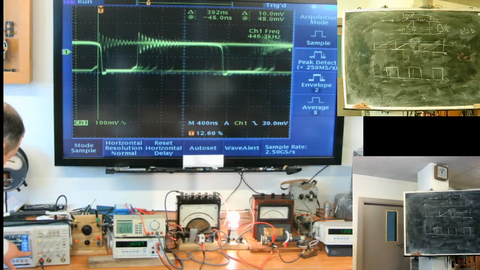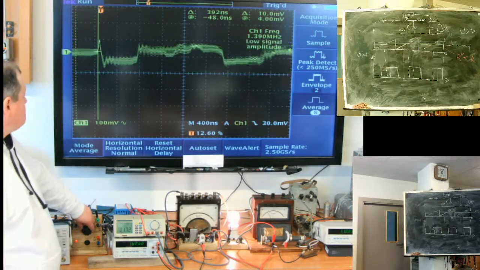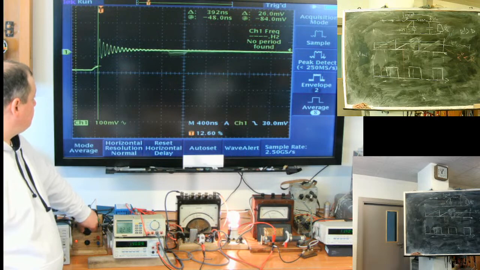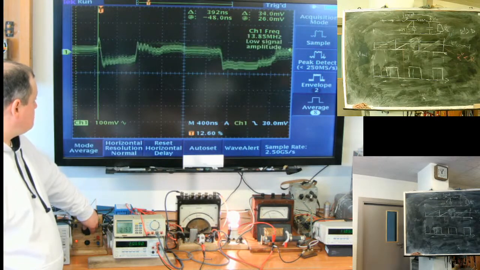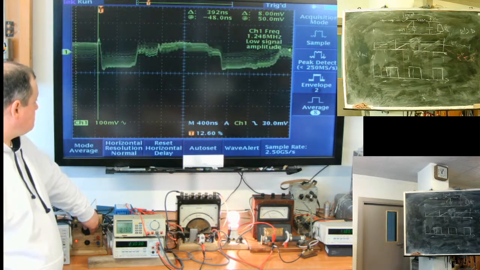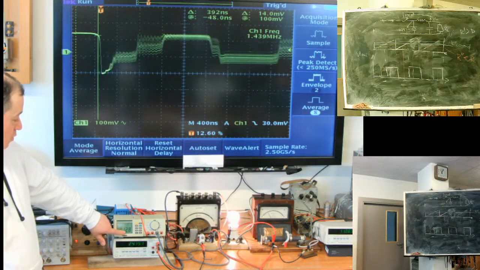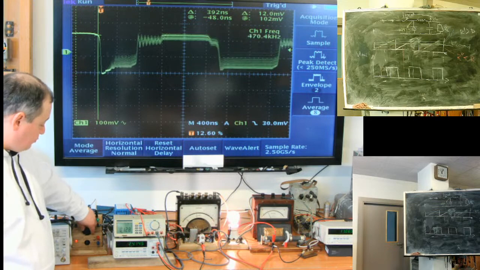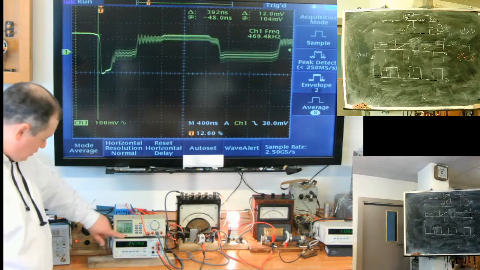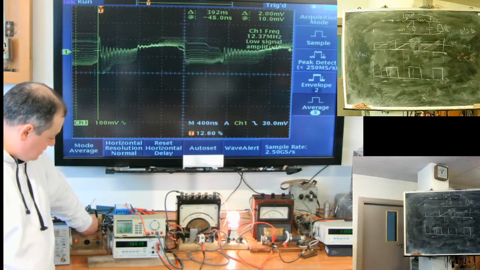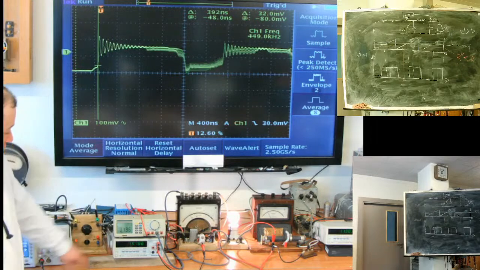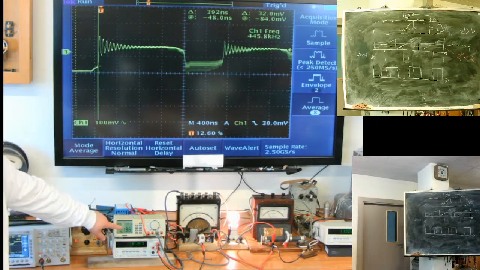We can switch to average. 16 volts, 1.96 amps.